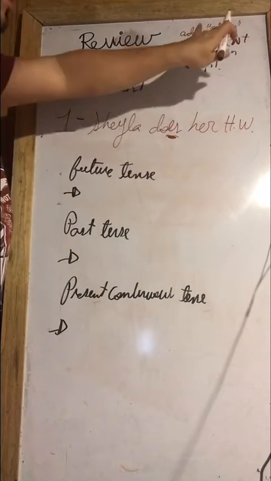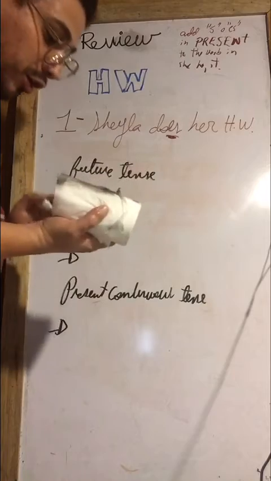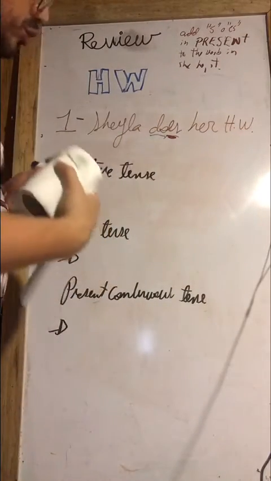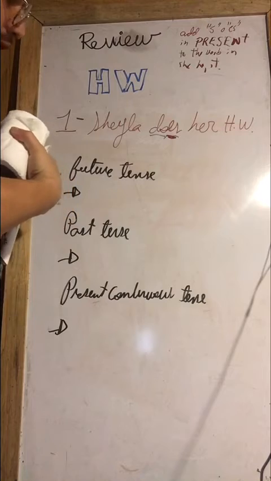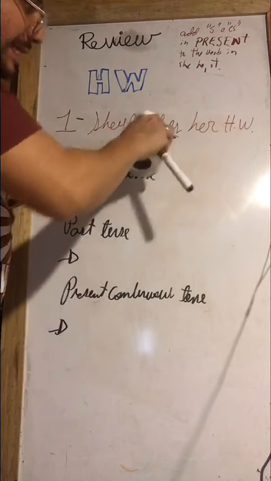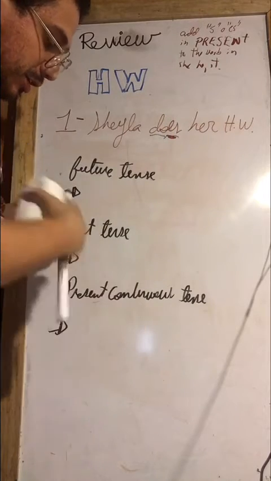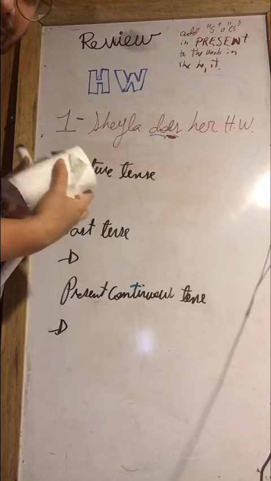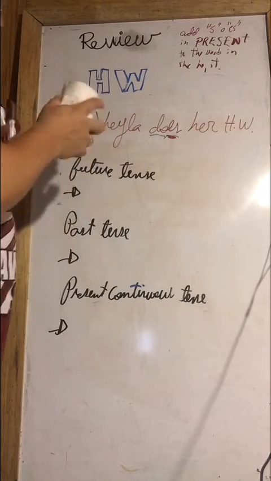Does, because we are doing es. But the root word for this sentence would be do. So, what would be the future tense of do? Will do. The past tense, did. The present continuous is doing. Okay? Copy, and if you have to, pause it.